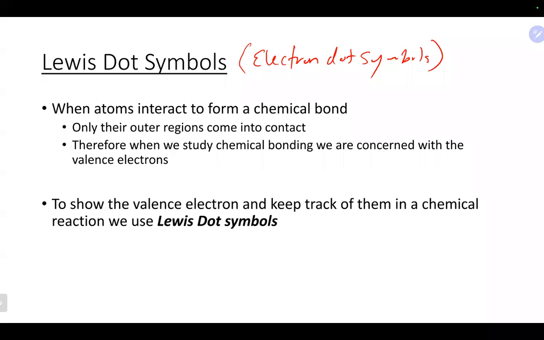If you think about the model of the atom that we talked about, the electrons are on the outside of the nucleus flying around. So when two atoms come together, it's really those electrons that come in contact with one another first, and they are involved in bonding. More specifically, it is only a certain type of electrons that are involved, and it is only the valence electrons that are involved in bonding.